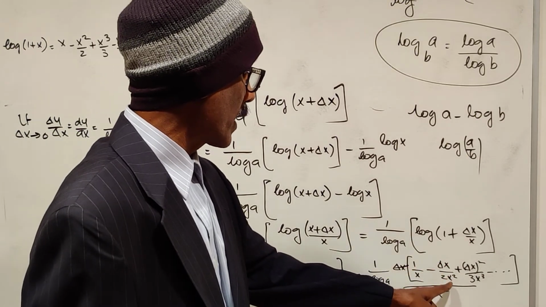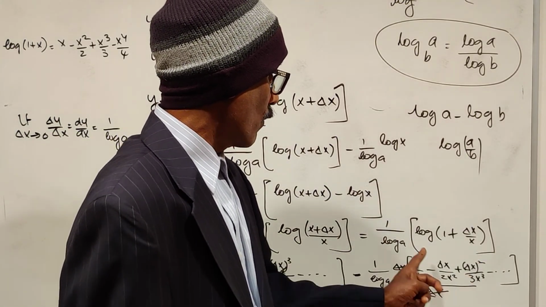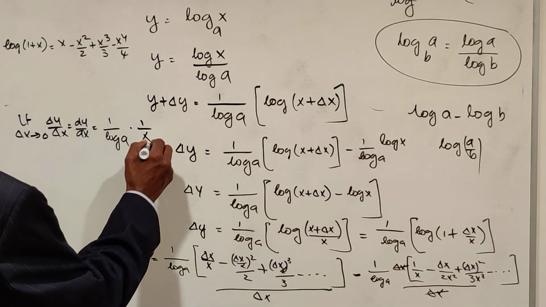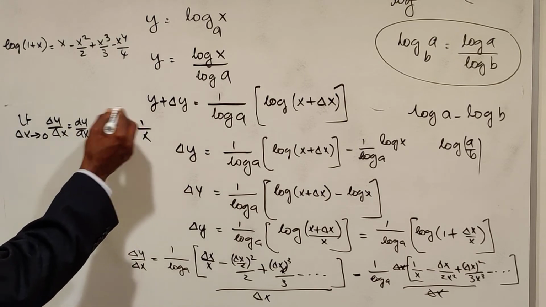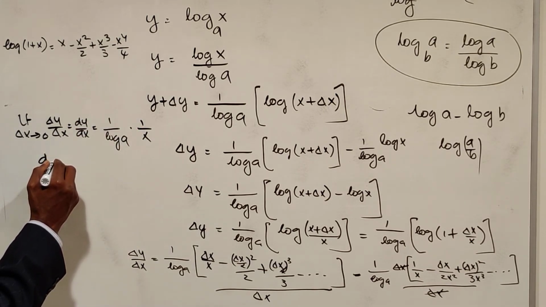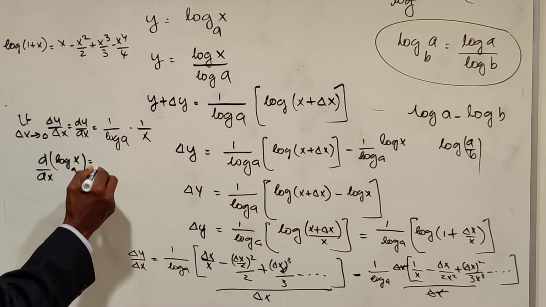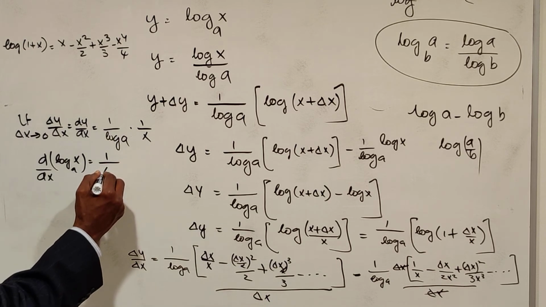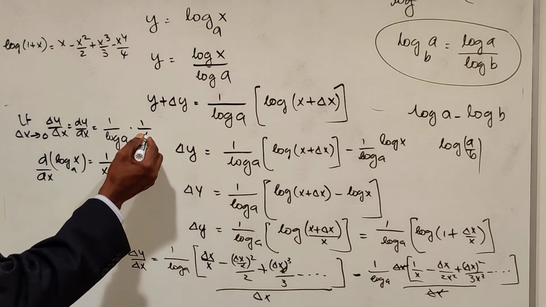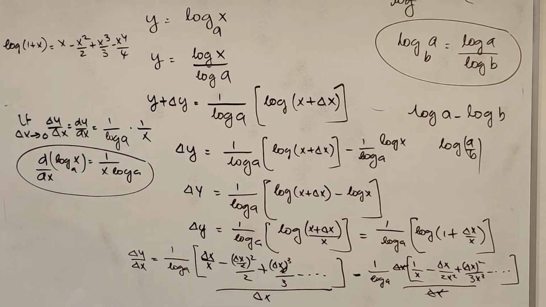Delta x divided by 2x square is 0, plus delta x square by 3x cube is 0, so 1 by x minus 0. That is 1 by x. So the final answer is d by dx of log x to the base a is 1 by x log a. I am going to write log x first and log a second. So this is the answer.